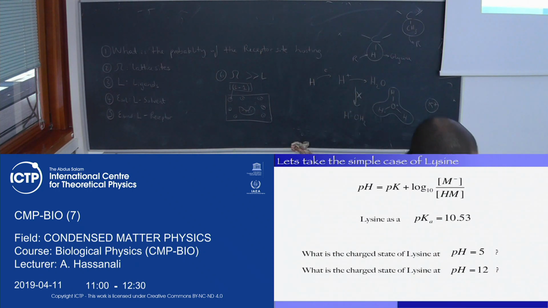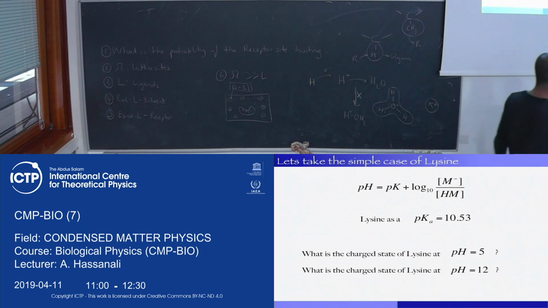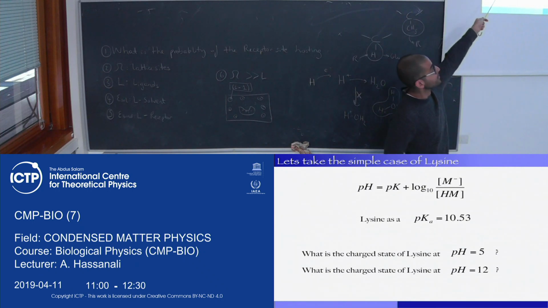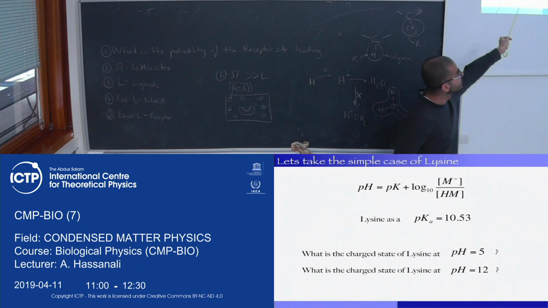So this is the question. I think we're going to continue tomorrow anyway, but I just pose the question and then we'll continue. So this is the relationship that we have: pH, pK, and this log of two terms.